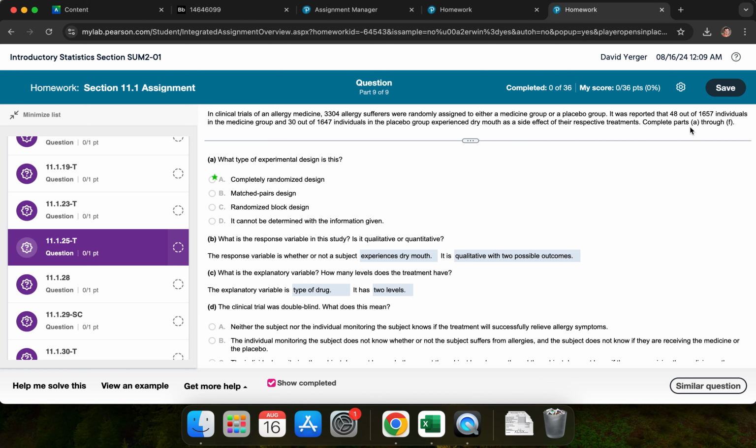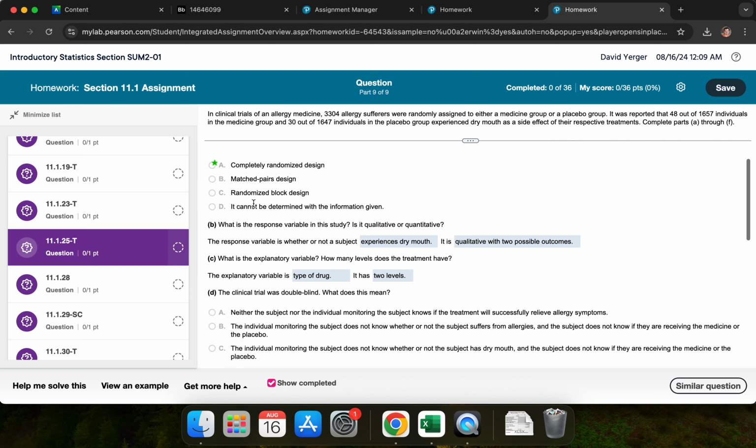It was reported 48 of 1,657 individuals in the medicine group and 30 out of 1,647 in the placebo group experienced dry mouth as a side effect of their respective treatments.